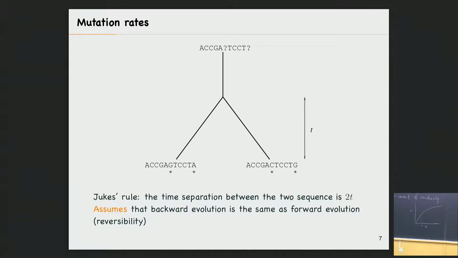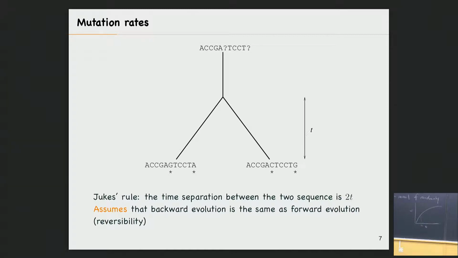Now, a way of estimating that is to assume that the mechanism by which mutation happens is reversible, in the sense that if we go from here up and then down, there is the same likelihood of having some mutation going up and then going down, as we'll discuss a moment later.